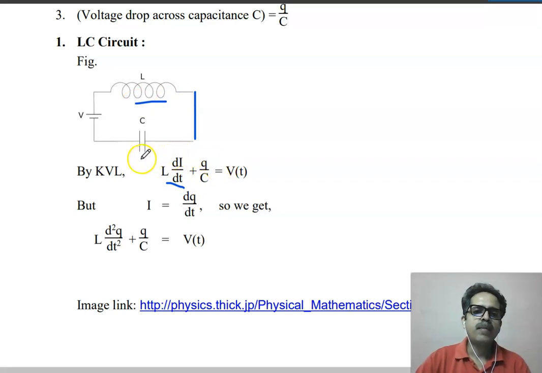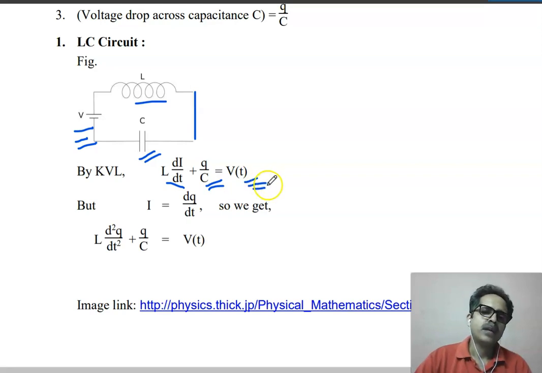Then voltage drop across capacitance capital C is small q divided by capital C, and sum of these two voltages is equal to the total voltage supplied, that is capital V, and this capital V of small t will present in the right hand side. This is a differential equation, and this contains variables I, t, and q. So we have three variables.